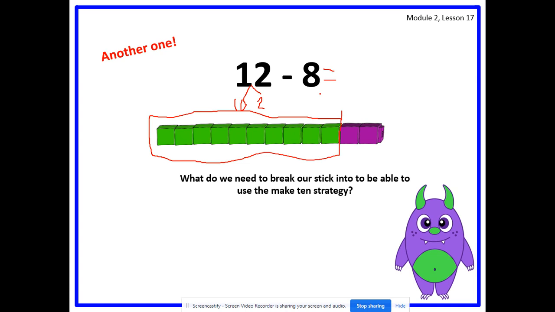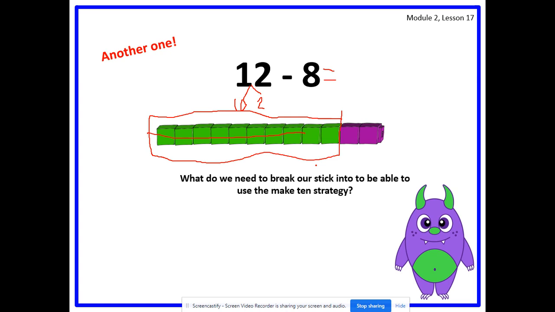Yes, 8. So now we cross out from our 10 ones, because remember, can we cross out 8 from 2? No, we do not have enough. So let's go ahead and cross off 8 from our 10 ones. Then all we have to do is add our leftover parts to find our answer. How many circles inside the frame?